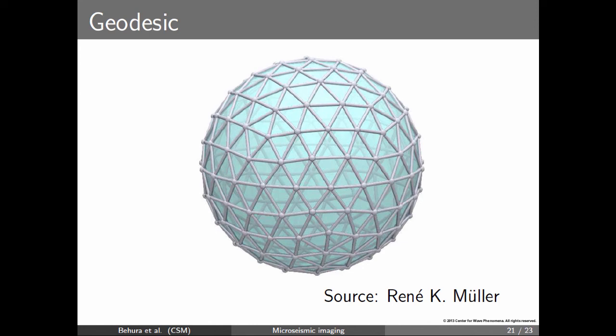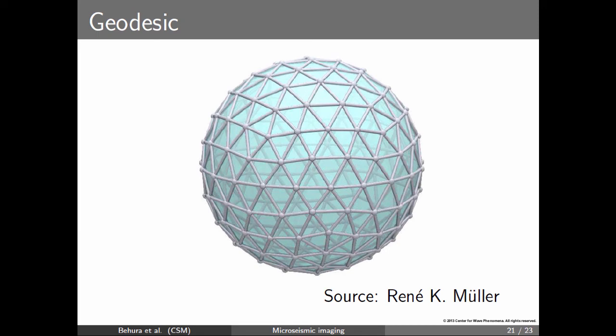But intersection of latitudes and longitudes is not going to sample the sphere evenly. So what we propose here is to use a geodesic, which does sample the sphere evenly in all directions. Now each vertex on this grid can be used.